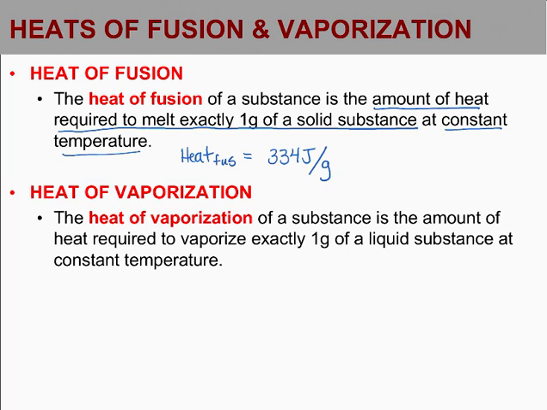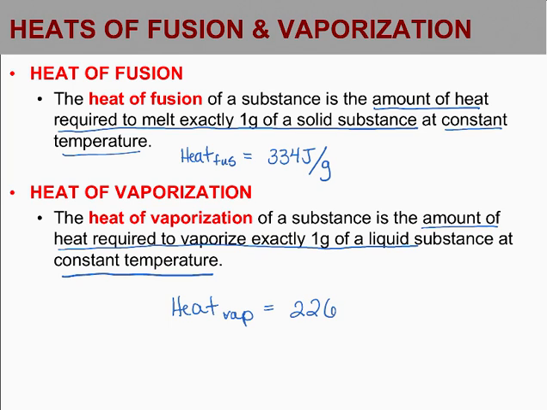And then the heat of vaporization of a substance is the amount of heat required to vaporize exactly 1 gram of a liquid. And again, this is at constant temperature, so temperature won't change for this. So for water, the heat of vaporization is equal to 2,260 joules per gram. Oh, and let me write water here so we remember what we're actually referring to.